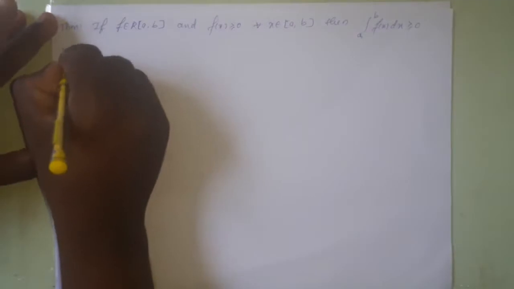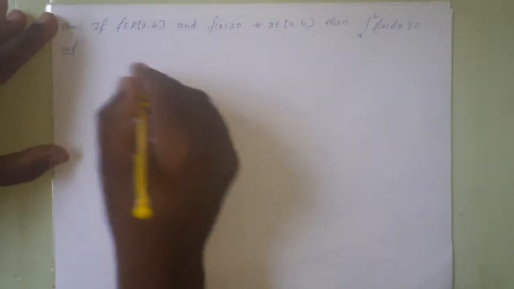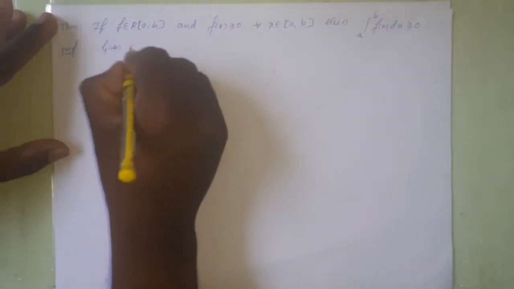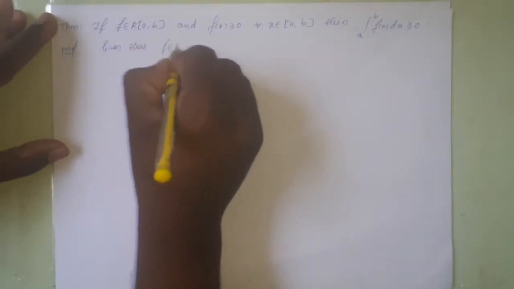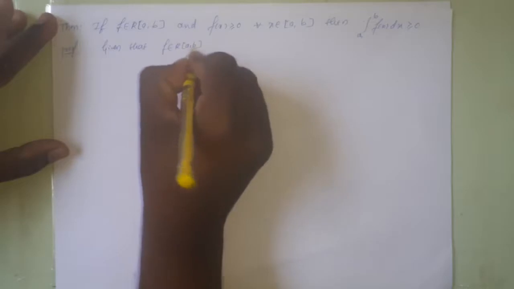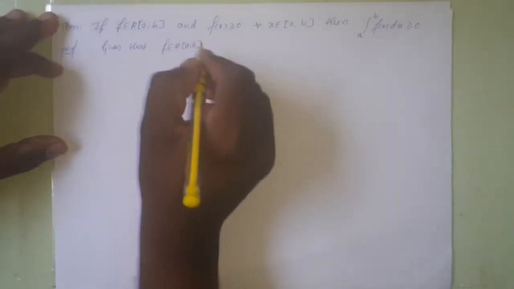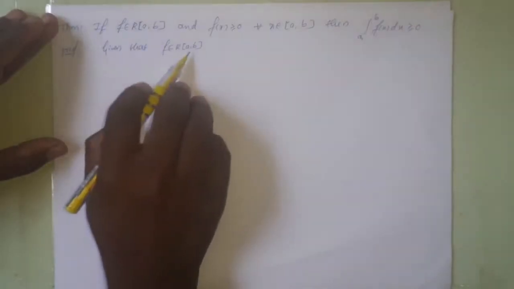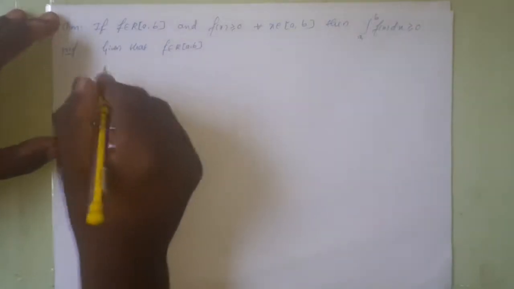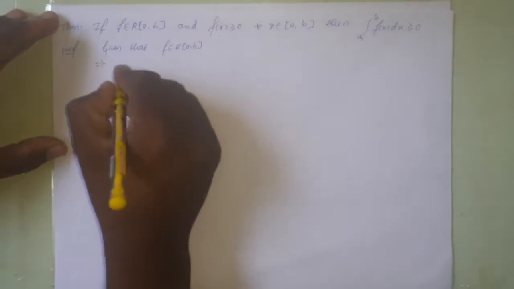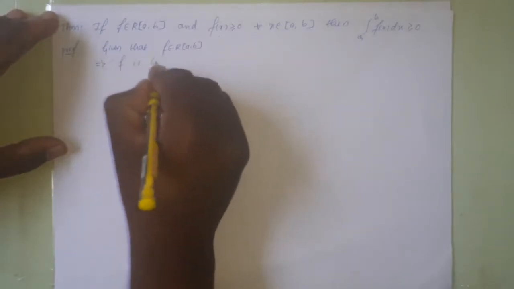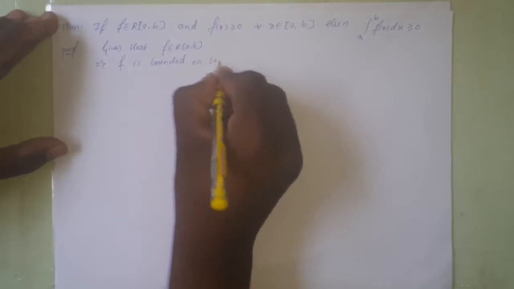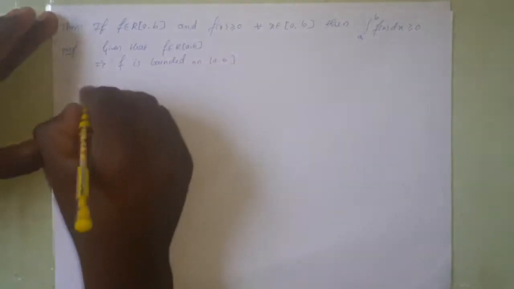Now, the proof. Given that f belongs to R of closed interval [a, b], means f is Riemann integrable on the closed interval [a, b]. Since f is Riemann integrable, it implies that f is bounded on the same interval [a, b].